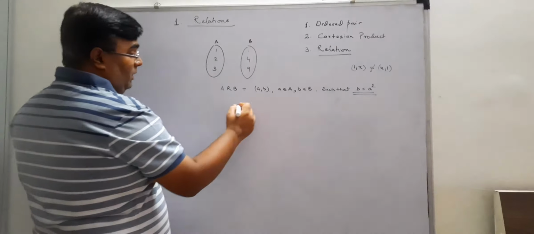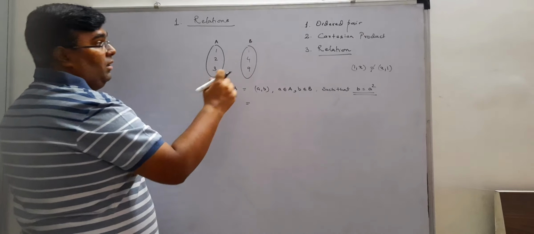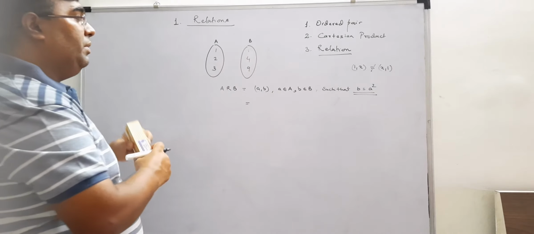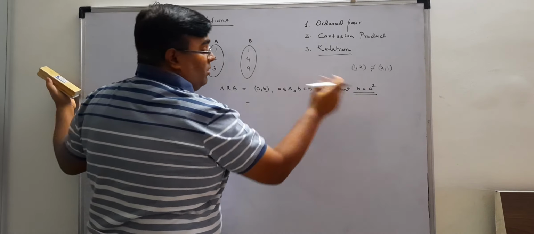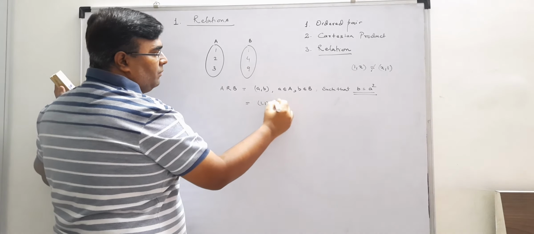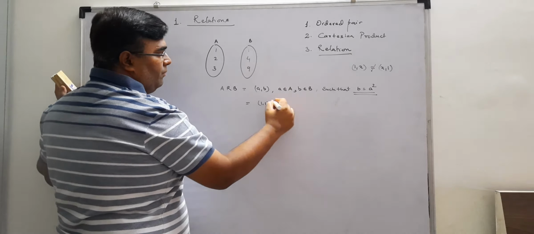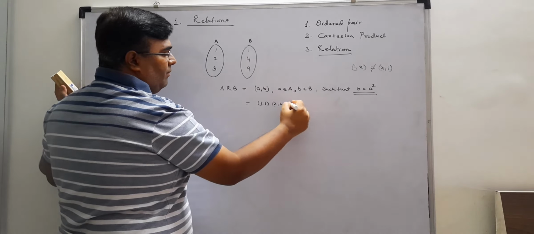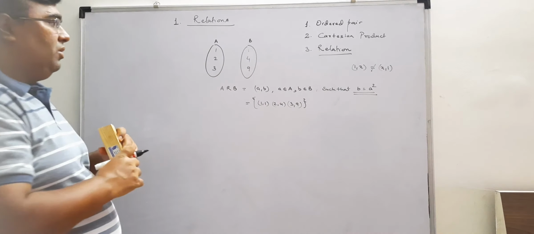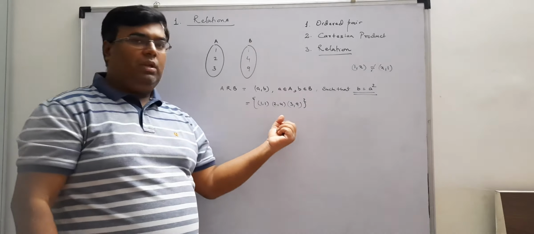So if we simply find the Cartesian product, there will be 9 pairs, but if we follow this relation, it will be (1, 1), (2, 4) and (3, 9). So in this relation we have only 3 pairs.